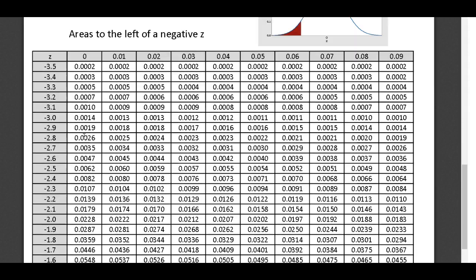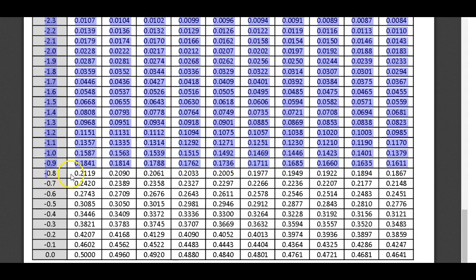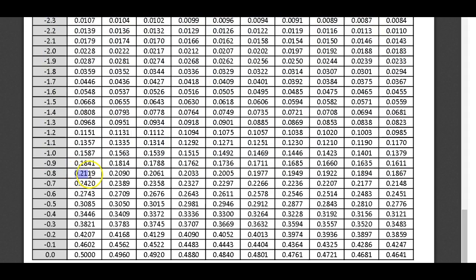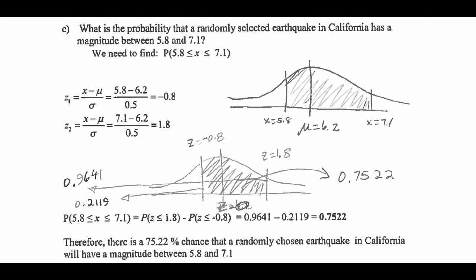If I scroll down and look at the areas to the left of a negative z, the other z-score I had to look up was negative 0.8. There it is, and if I go over to the second 0, that area is 0.2119. So that's where those numbers are coming from in this problem.